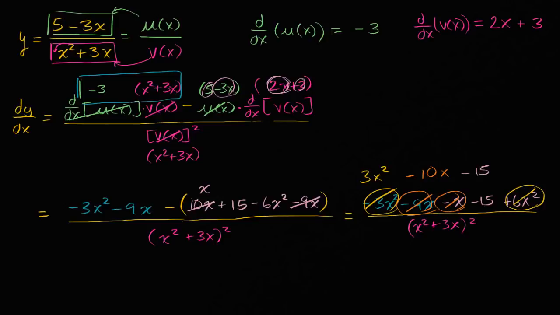And so there you have it. We finally have finished. This is all going to be equal to (3x squared minus 10x minus 15) over (x squared plus 3x) squared. And we are done.